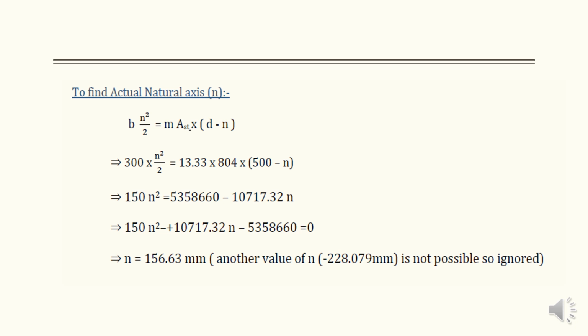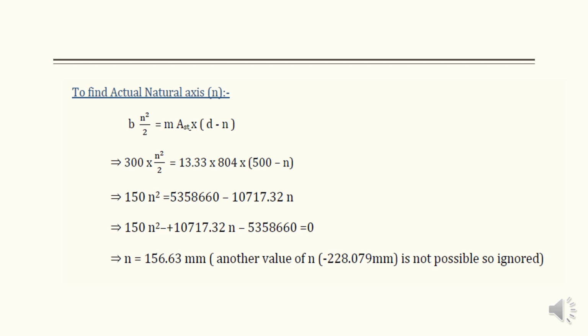Step number 1 is to determine the actual depth of neutral axis. As we already know, b n square by 2 is equal to m into Ast into (d minus n). In this equation we have to determine the value of n.